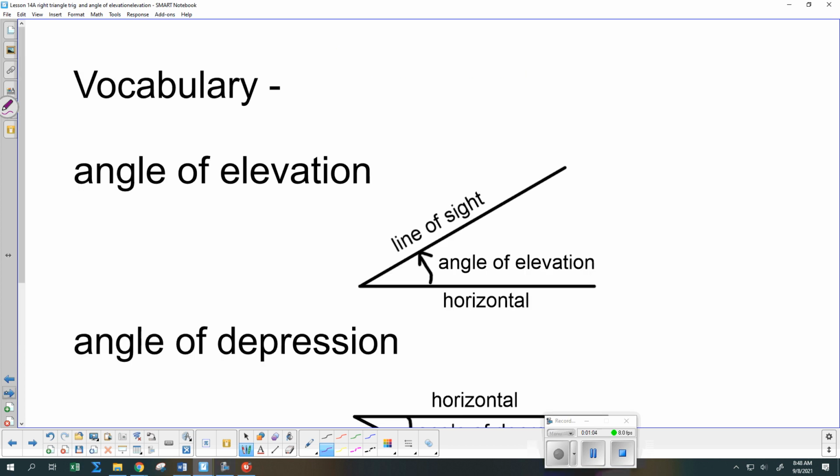So beginning with a little bit of vocabulary for right triangle trig problems. Angles of elevation and depression. The whole trick to that, the one important thing, they must have one horizontal side.